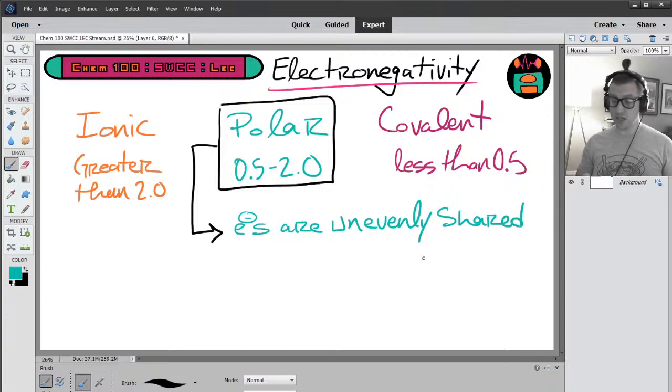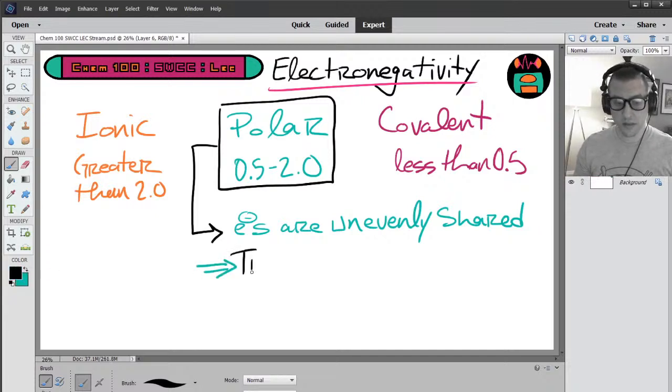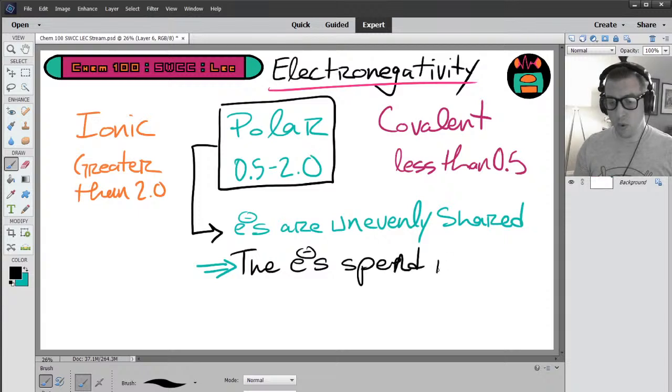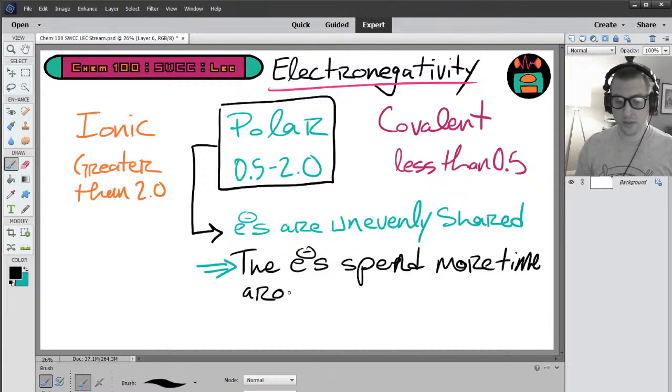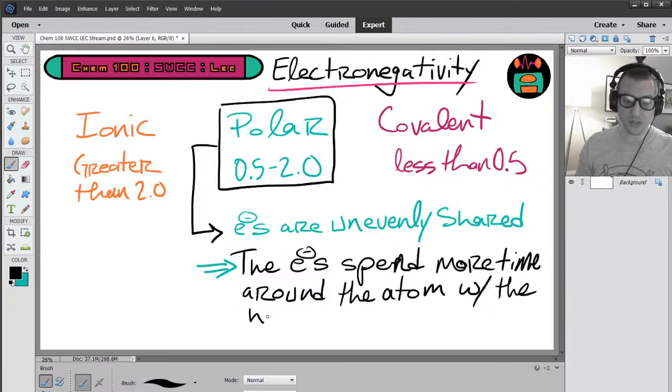That means that the electrons spend more time around the atom with the higher electronegativity.